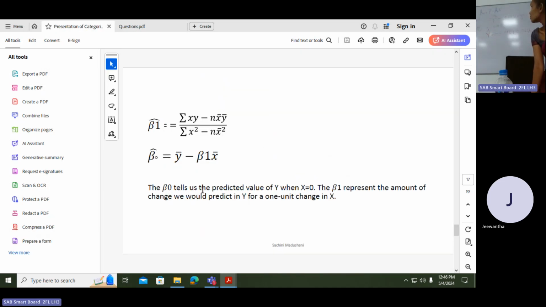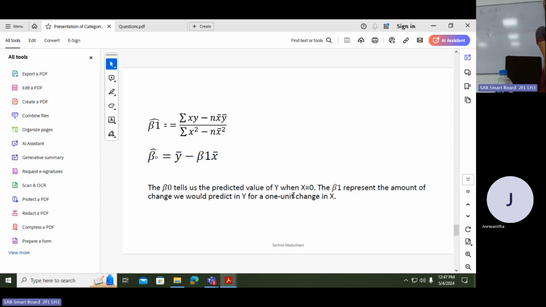Okay, then we can say beta naught, the value of minus 0.018, means the predicted value of the profit is minus 18,000 when the sales revenue is equal to 0. Understood?